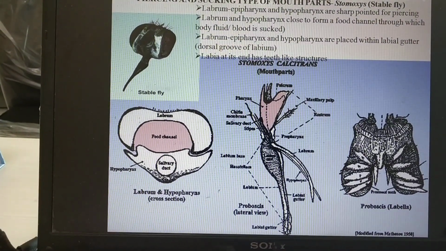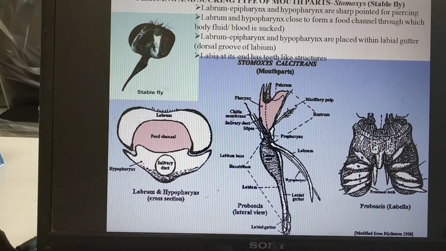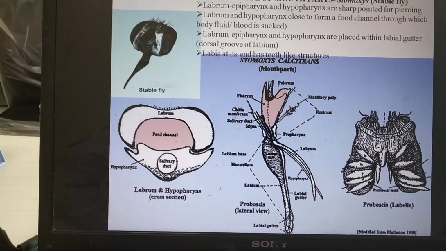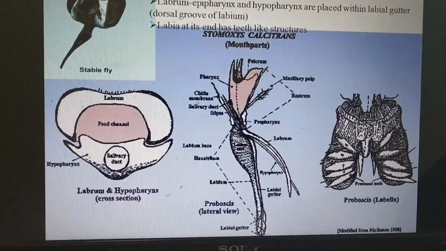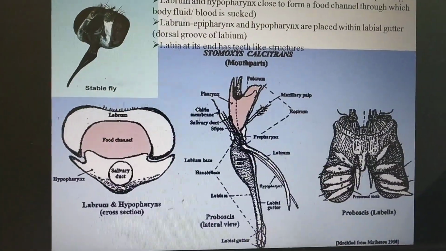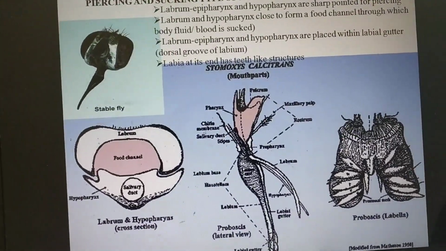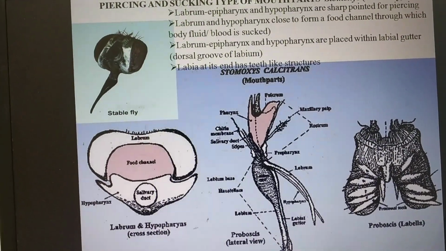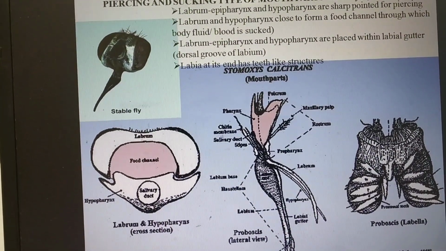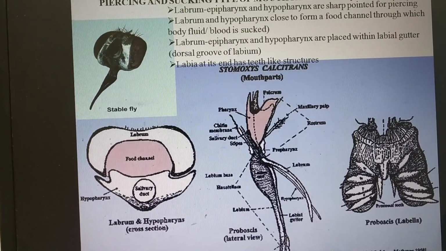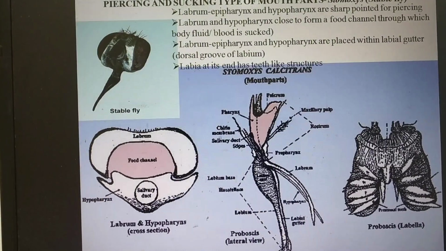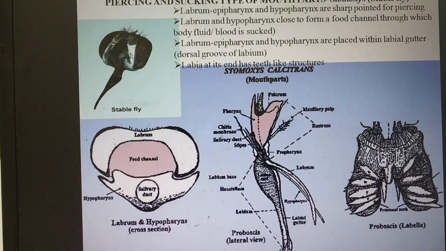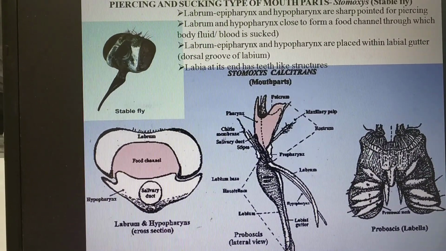Another type, piercing and sucking, you will find in the case of Stomoxis. Stomoxis also has the piercing and sucking type. Since this is a muscid fly, here you don't have the mandibles. In the case of mosquito you had seen mandibles and maxillae, but here the mandibles are absent and maxillae become vestigial.